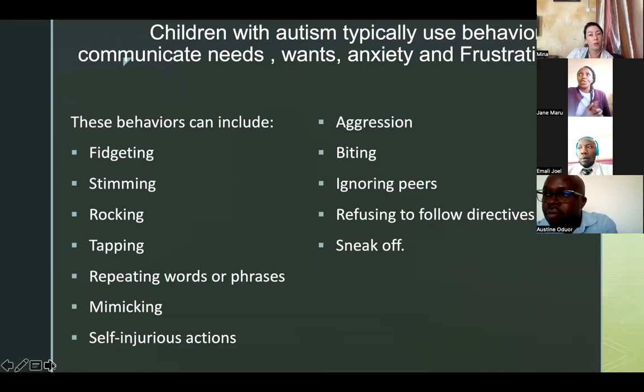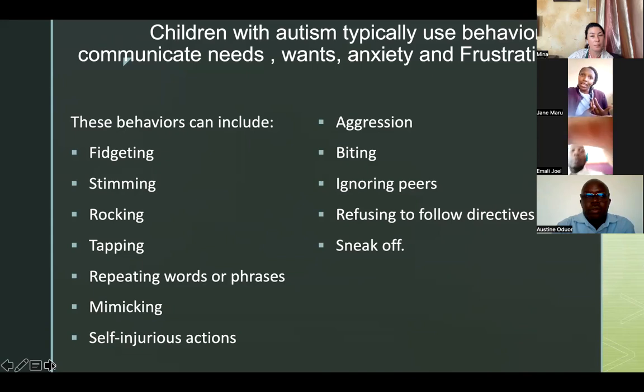When they bang their head, obviously they hurt themselves. You could also find them very aggressive, especially if they want something, they take it by force. They could even fight back, especially if you're withholding something from them.